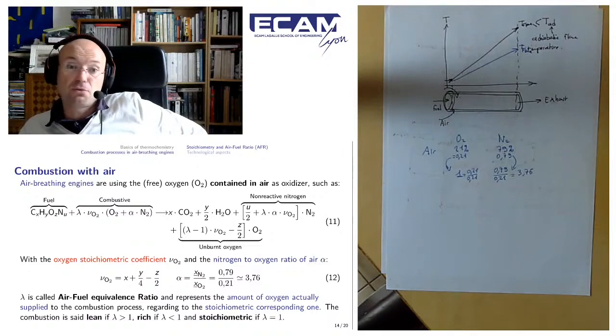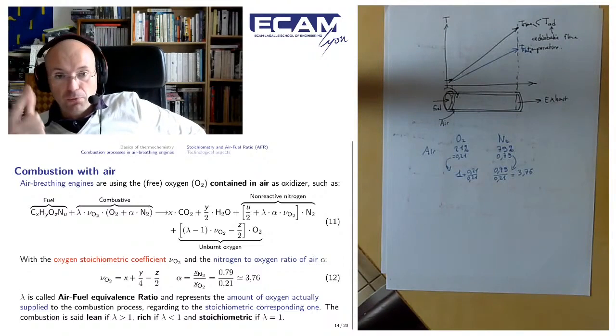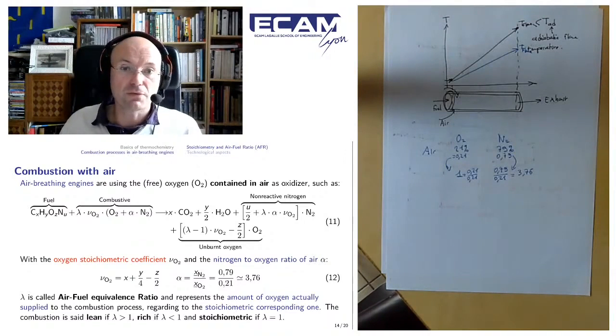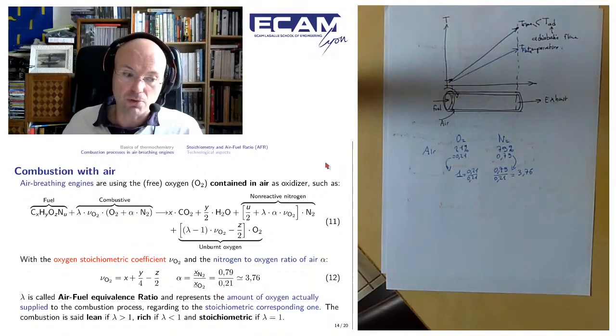The first one is obviously you are not consuming all the fuel you are paying for, and also because you will produce a lot of pollutants. For example, microparticles, which are really important from an environmental point of view. Microparticles are produced by internal combustion engines when they are working in a rich combustion.